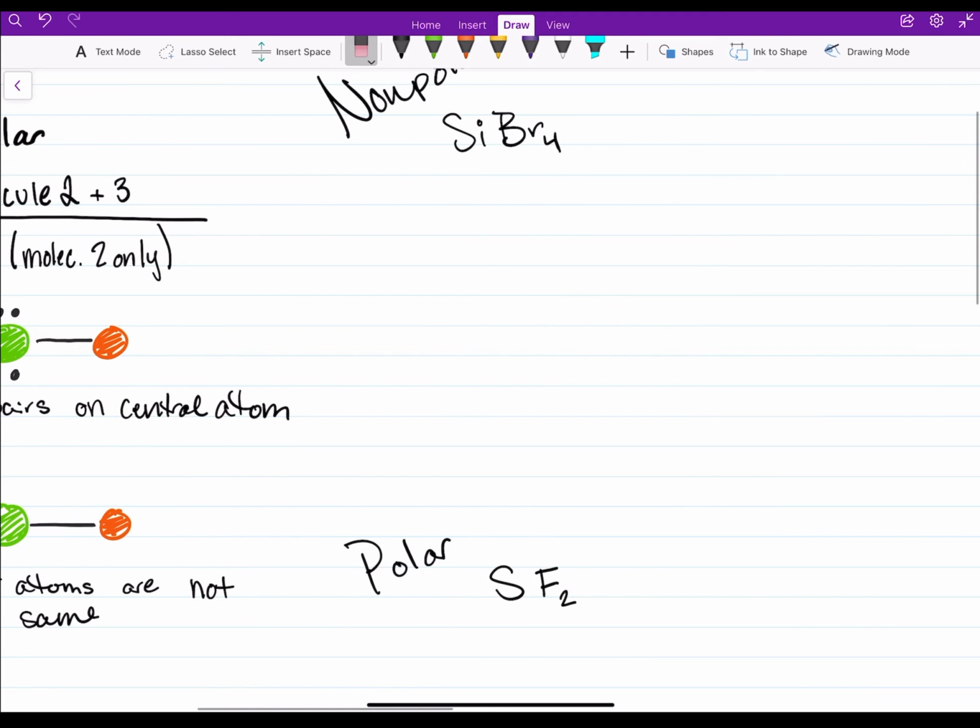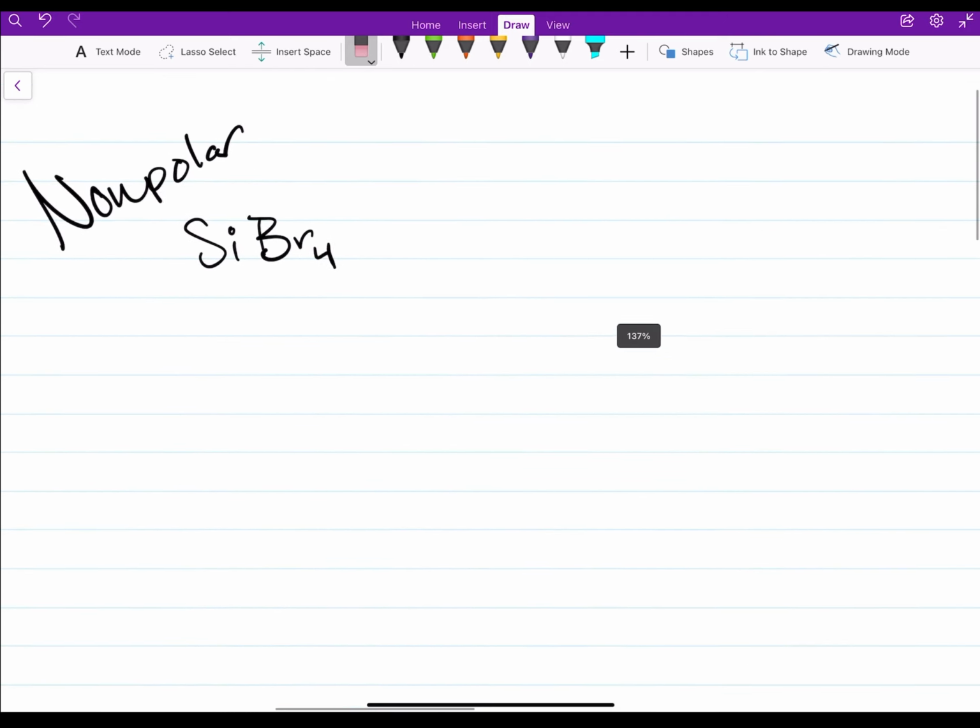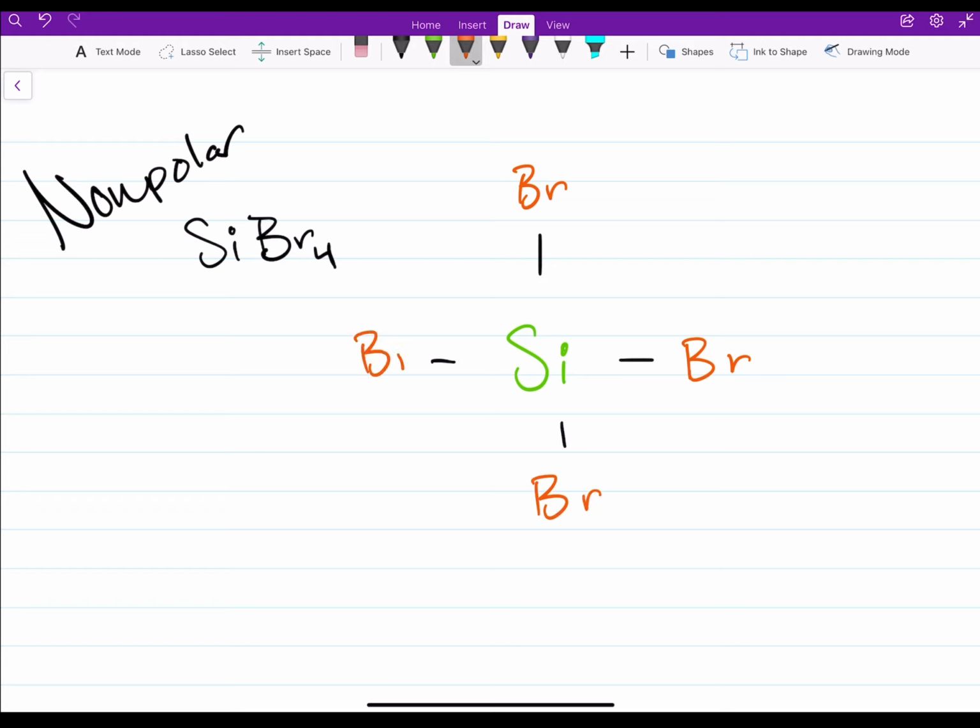For our first example, we're going to talk about nonpolar, and it's SiBr4. The first thing we want to do is jot down our Lewis structure. Silicon, of course, is going to be our central atom here, and it's going to be bonded to 4 bromines. Our bromines are all the same, so I'm going to write them all in one color.